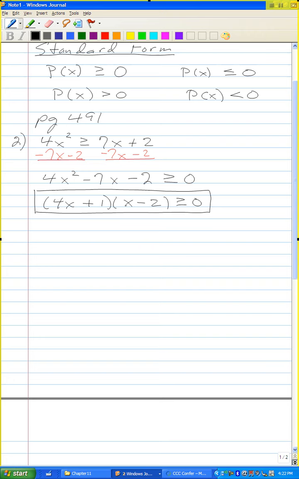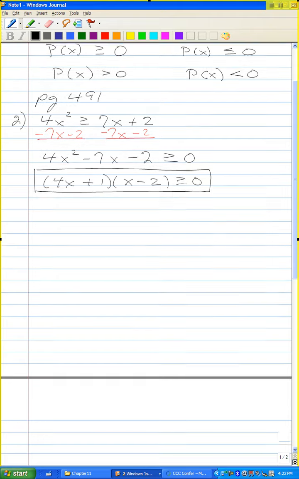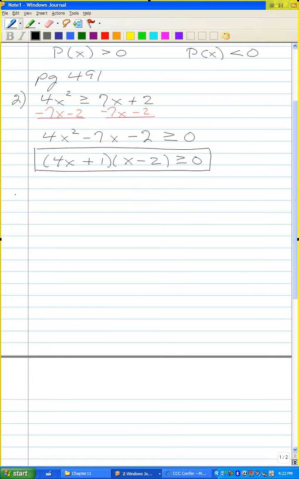Let me do problem number 6. 0 greater than negative 13x plus 7 minus 6x squared.